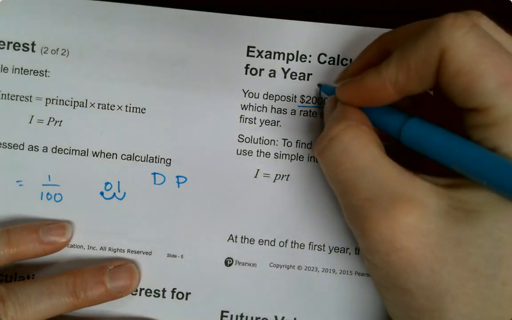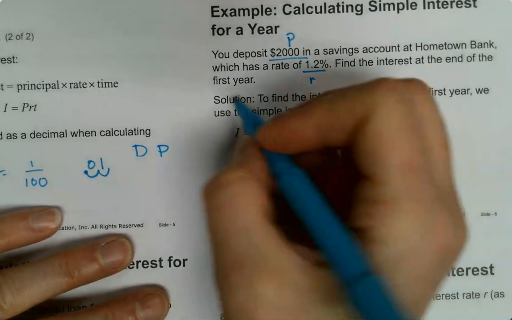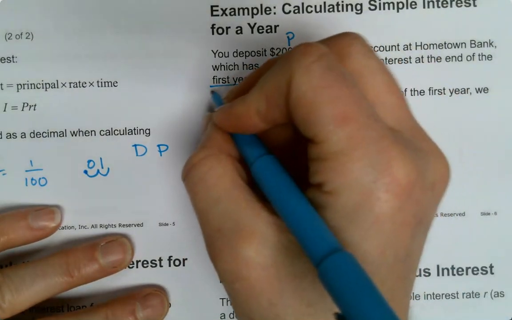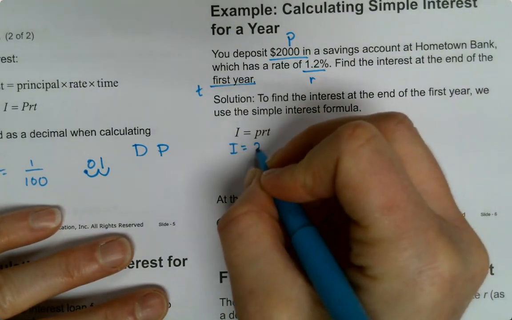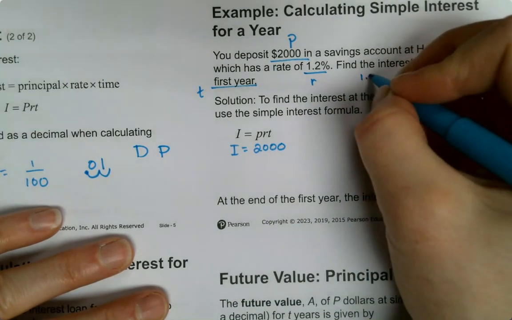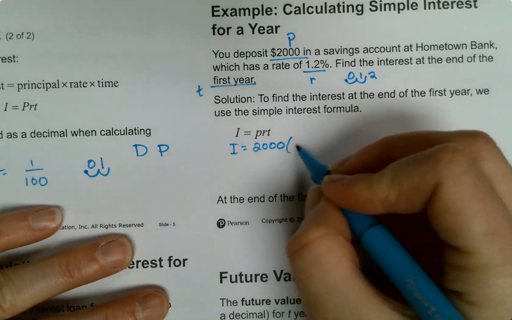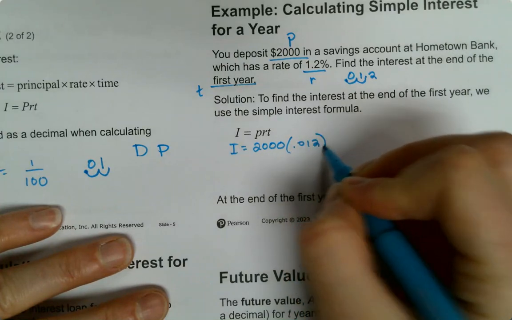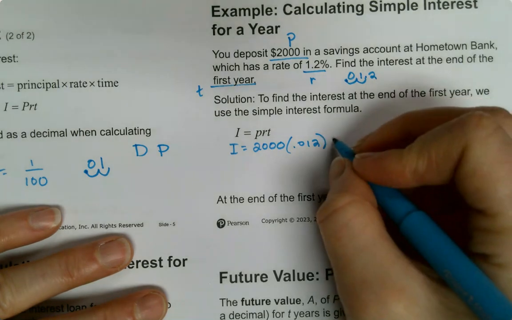And so 2,000 is your principal. Your rate is 1.2%. And it just says 1 year. So that's your time. So I equals 2,000. We need to write our rate as a decimal, so 1.2. Let's move it over 1, 2. So I'm going to put parentheses. So we had to move it 2 places, so it's 0.012 times time, times 1.